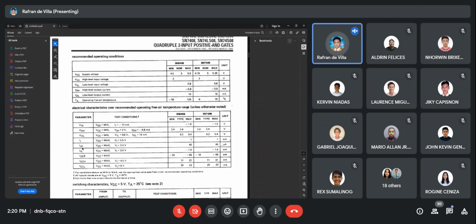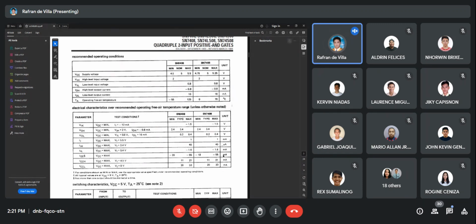And you can also identify a high current or a low current. And if you look at the values, the difference is large. For current output high, it is 40 microampere. For current input low, it is negative 1.6 milliampere.